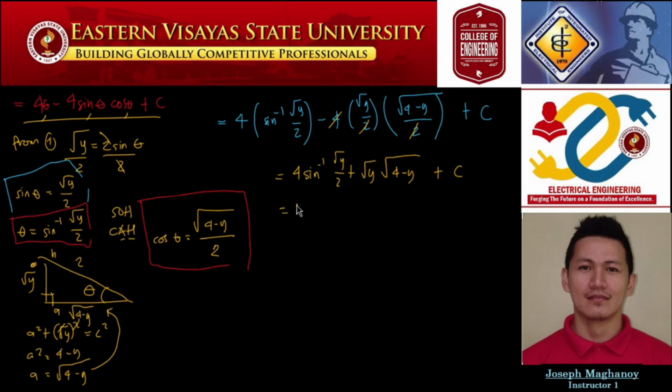Okay, so 4, again, sine raised to negative 1 can be written as your arc sine, or 1 over sine. Arc sine square root of y over 2 plus, we let the y inside, they have a common radical. So common radical y, of course, quantity of your 4 minus y, plus c. Okay, so finally, this is your final answer for your example number 28.